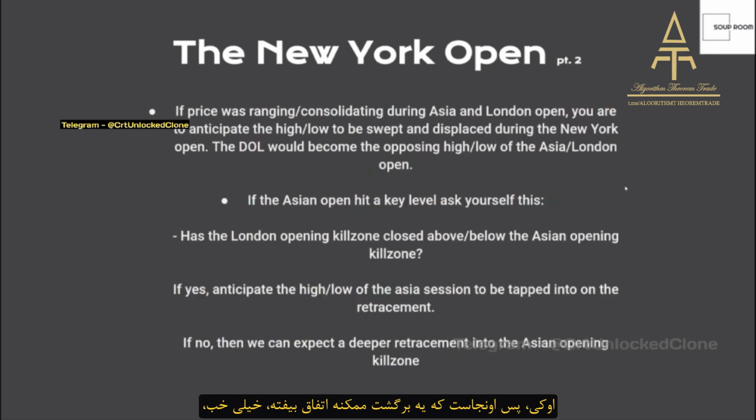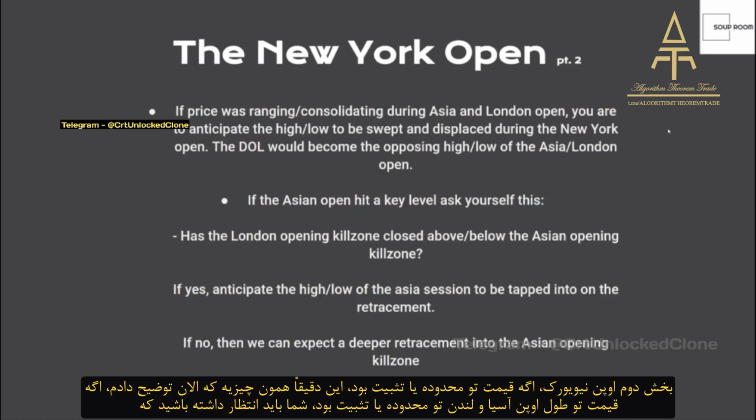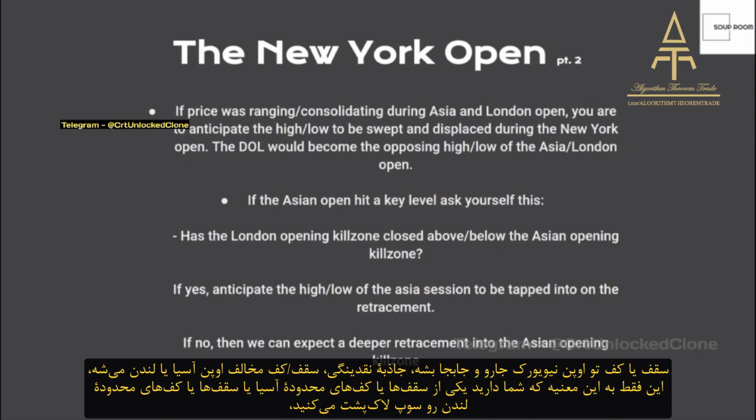All right. The New York Open Part 2. If price was ranging or consolidating during the Asia and London Open, you are to anticipate the high or low to be swept and displaced during the New York Open. The draw on liquidity would become the opposing high or low of the Asian or London Open.